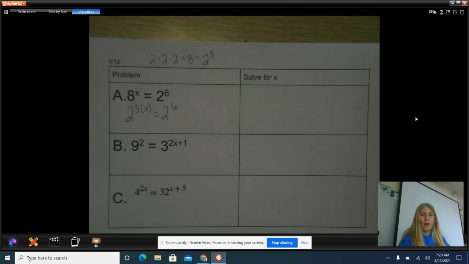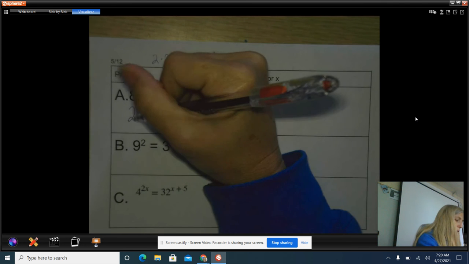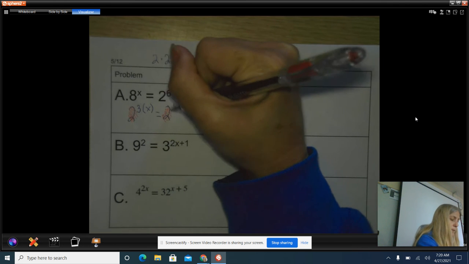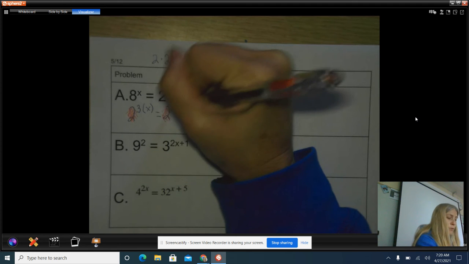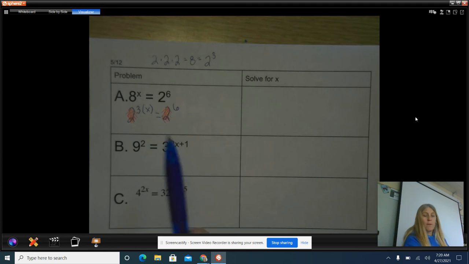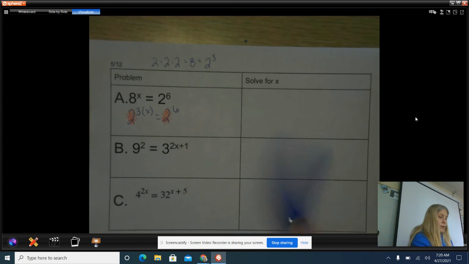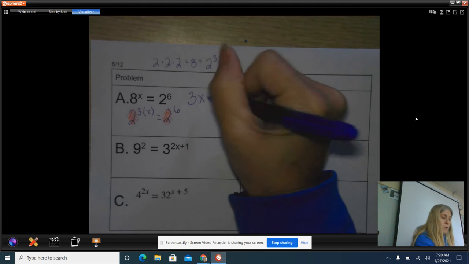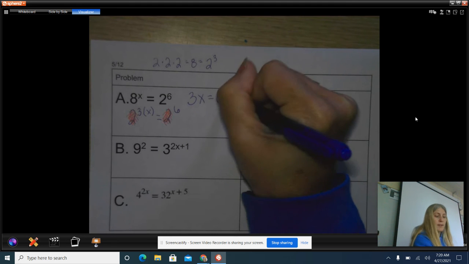When our bases are the same, we can simply get rid of them and rewrite what is remaining up top. So we have 3 times x, which is 3x, our equal sign, and that's equal to 6.